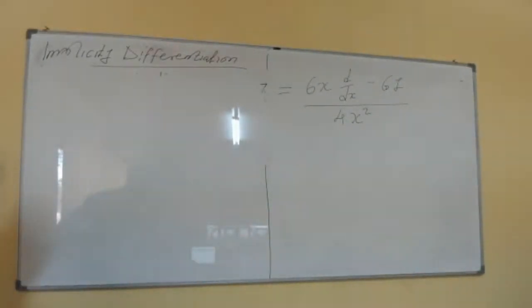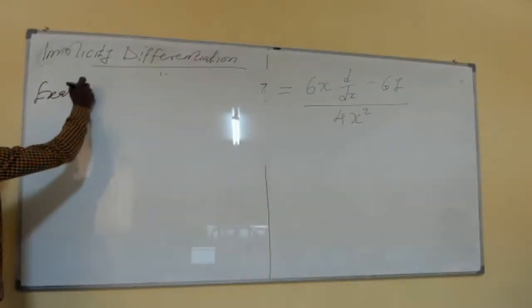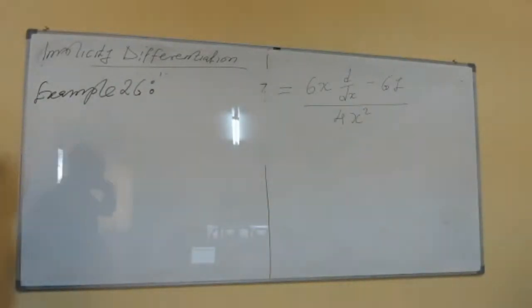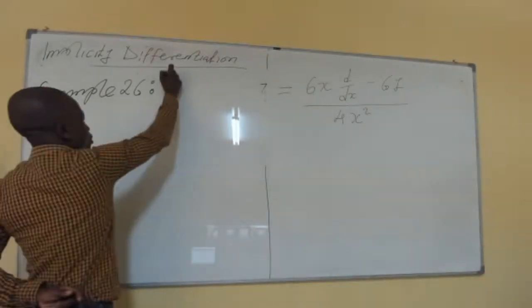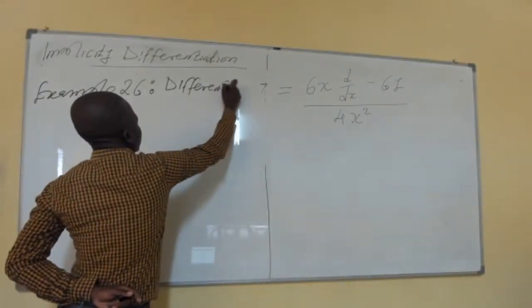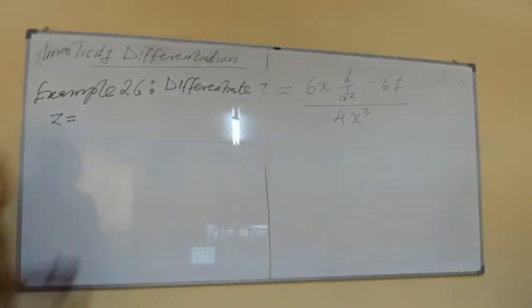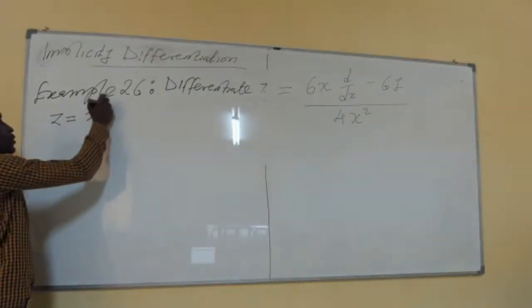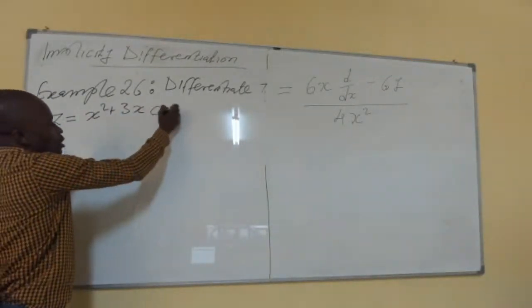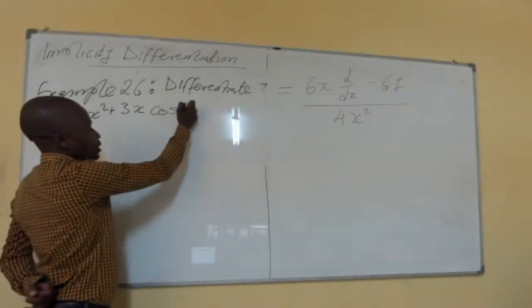Example number 26 says differentiate z, which is a function of x squared plus 3x times the cosine of y.